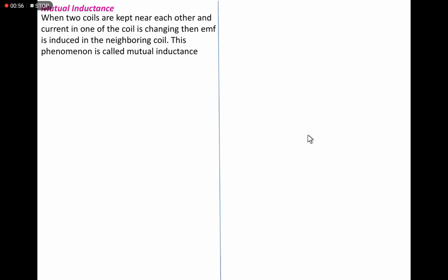Now in mutual inductance, two coils are kept together and current in one coil is changing. EMF is induced in the neighboring coil. This phenomenon is called mutual inductance.